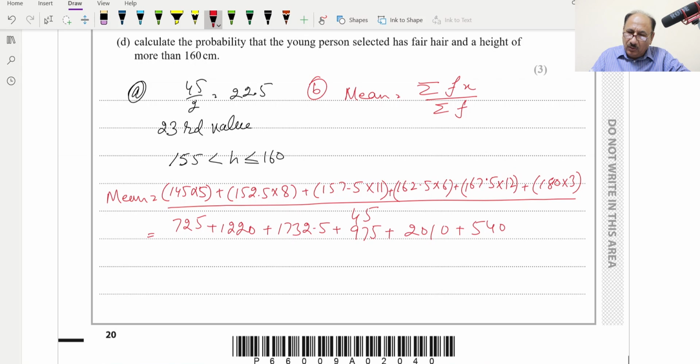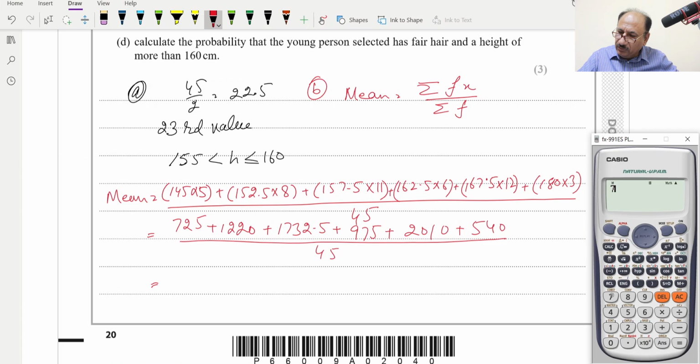Now we have written all the 6 terms and divided by 45. Now we can add these values. 725 plus 1220 plus 1732.5 plus 975 plus 2010 plus 540 is equal to... we'll redo this one.